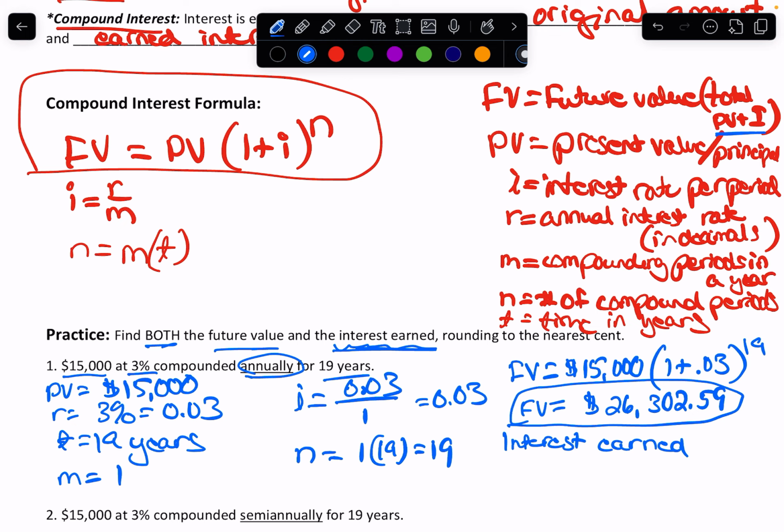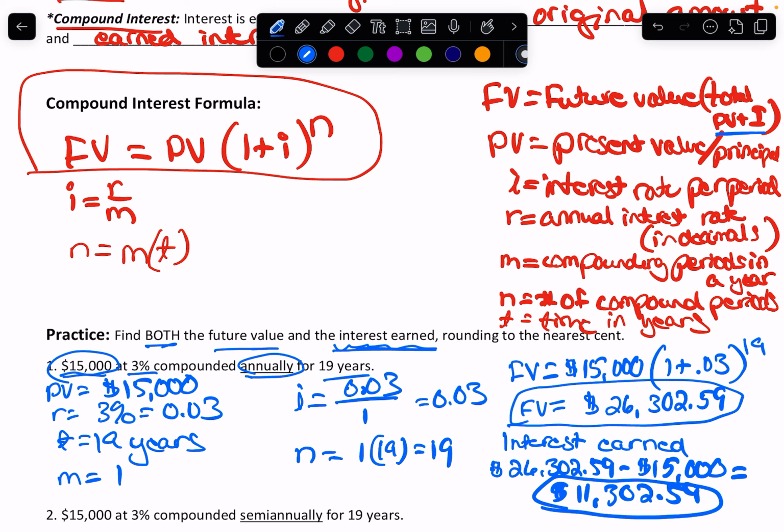When we need to find the interest, we're going to take the future value, $26,302.59, and subtract our present value from that. So $15,000. And that equals $11,302.59.